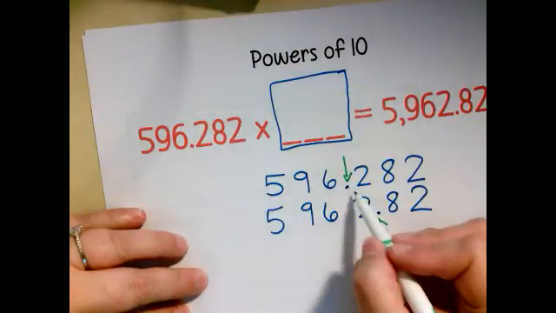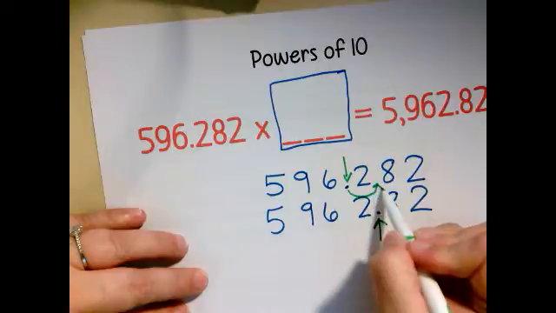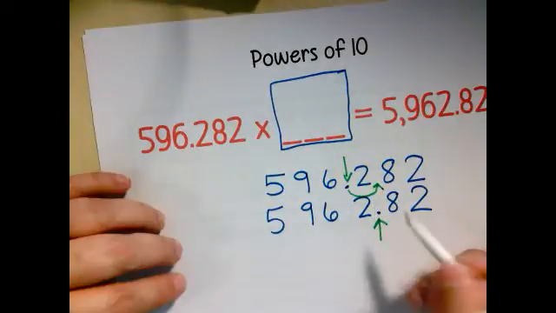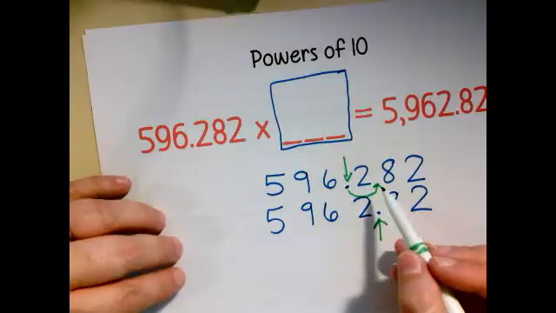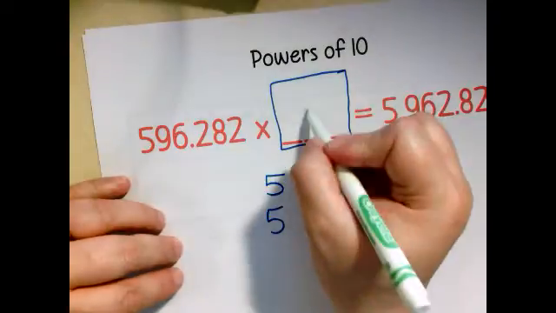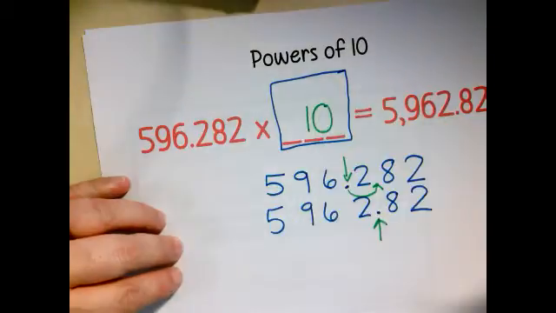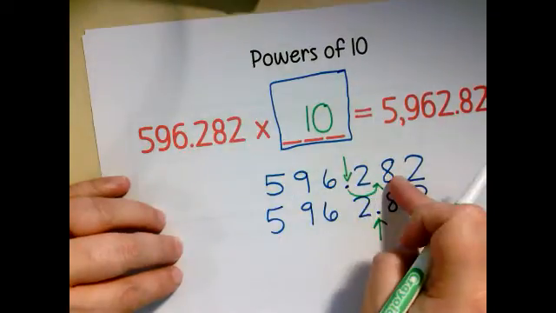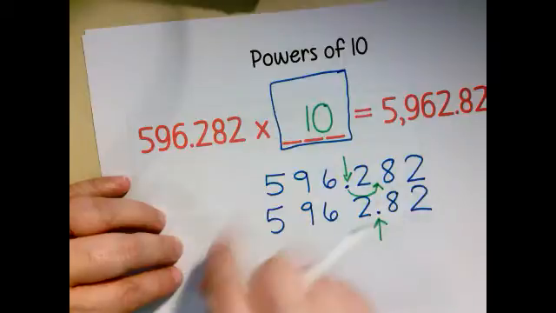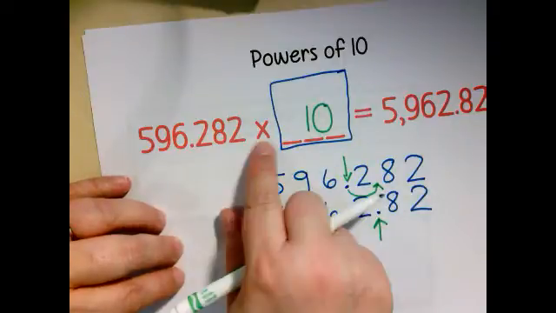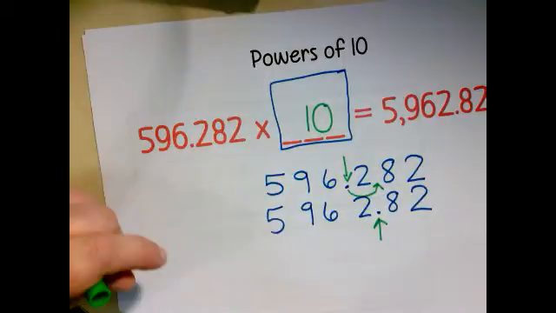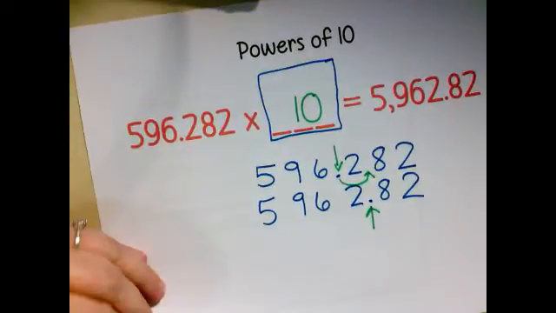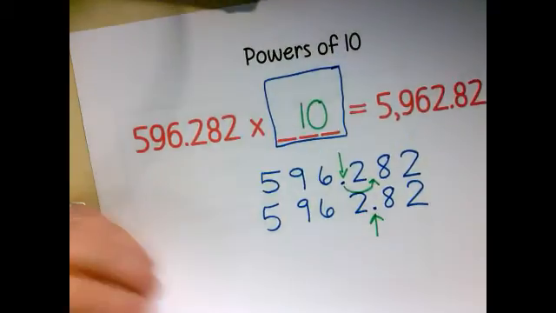So how do I get this decimal to move 1 place to the right? Well, think about that. To make it move 1 place, I know that would be 10, and to make it move to the right, it's times 10. They had already given me the multiplication symbol here. So that's just one way to take a look at this. I know this exact problem showed up in USA Test Prep.